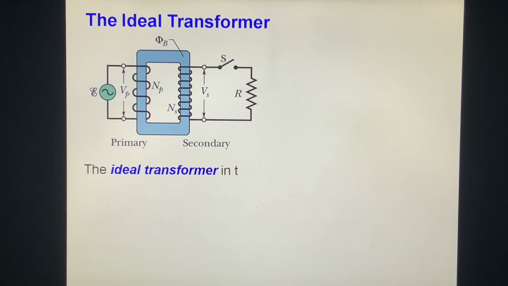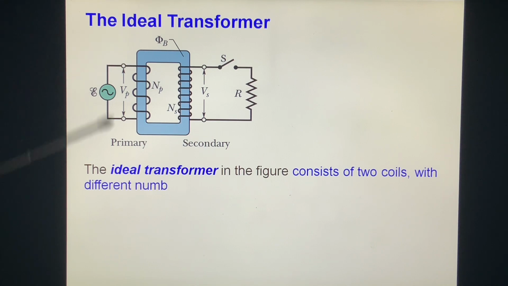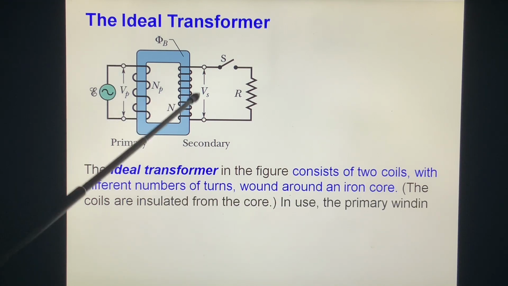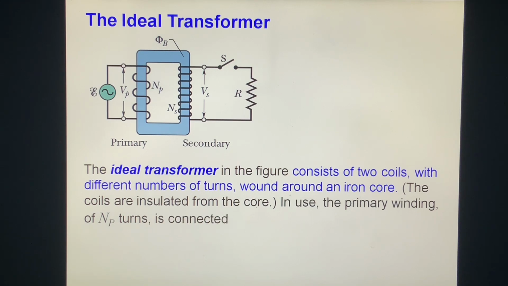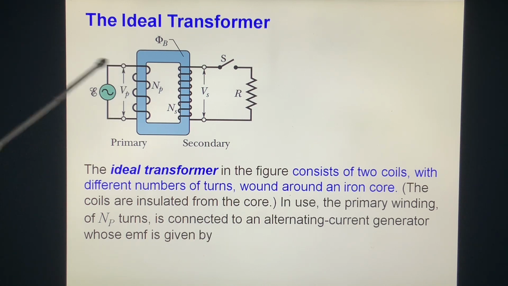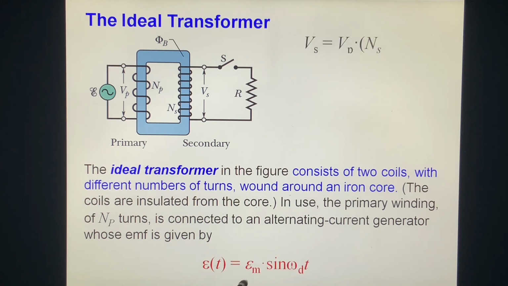The ideal transformer in the figure consists of two coils with different numbers of turns, wound around an iron core. The coils are insulated from the core. In use, the primary winding of NP turns is connected to an alternating current generator whose electromotive force is given by epsilon equals epsilon m sine omega t.